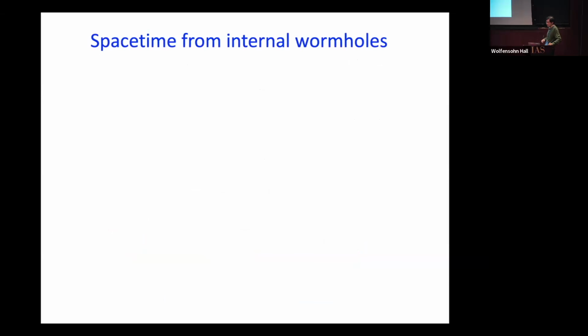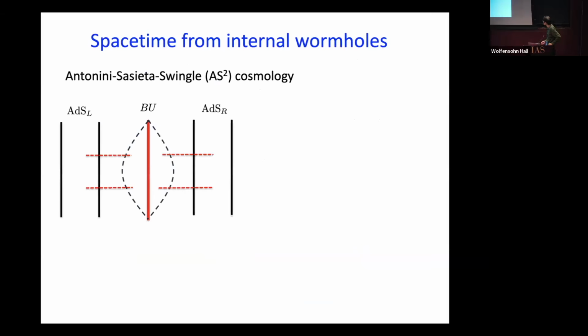Okay, so let me very quickly mention spacetime from internal wormholes. A very nice example is called the Antonini-Sasieta-Swingle cosmology, which corresponds to two copies of AdS entangled with a baby universe.